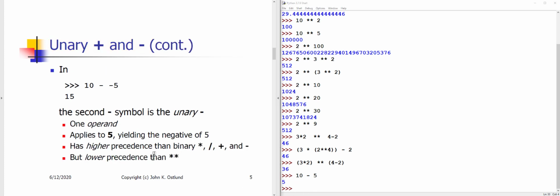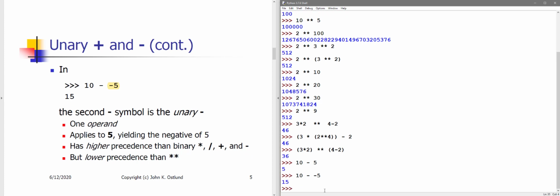Now, it is possible, though, to put a minus sign or a plus sign immediately in front of a value, and that will be treated as a unary, or a single operand, in this case, minus sign. If I say 10 minus minus 5, well, minus 5 causes the 5 to be treated as a negative value, and if I say 10 minus a negative 5, that actually is equivalent to saying 10 plus 5, if you will, and I get 15 as my result.